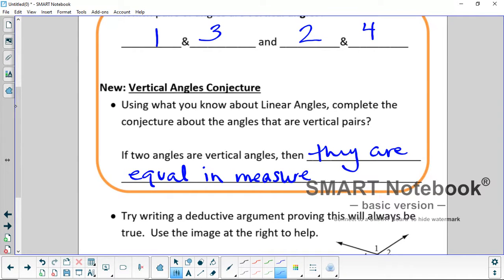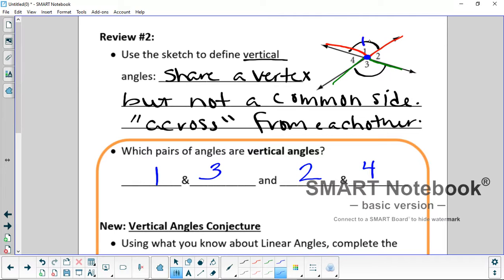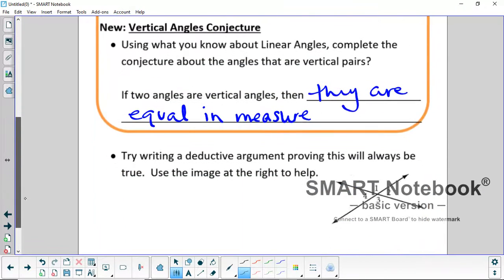If I go back up to that picture and I wanted to show that they were equal in measure, I could put the hash marks showing that 1 and 3 are the same and angles 4 and 2 are the same. Now we're going to use deductive reasoning to prove that is the case.